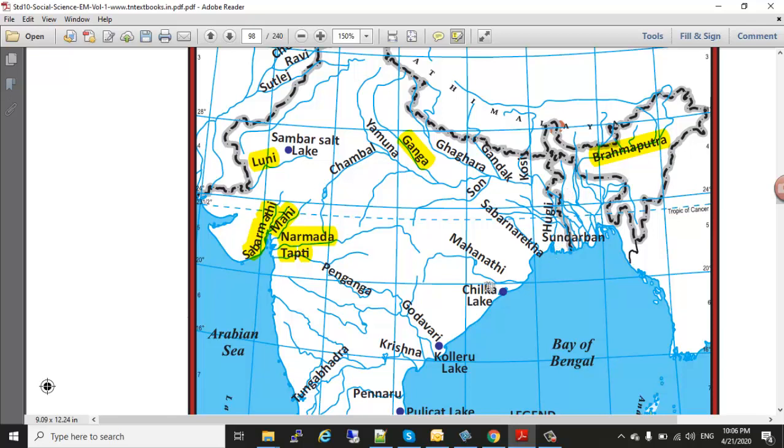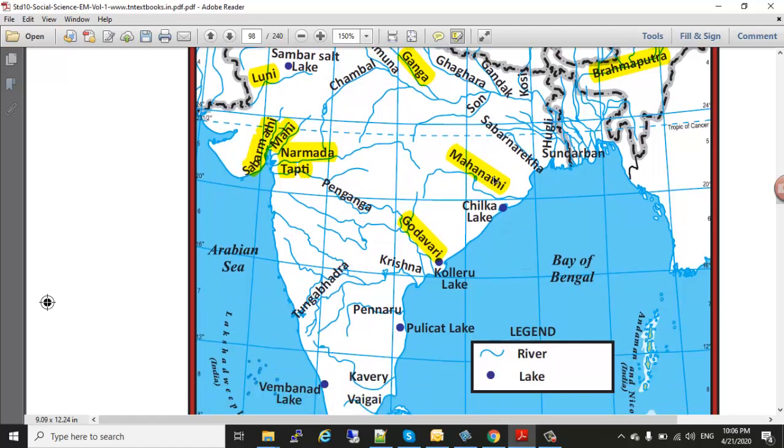Hooghly River is here, and you have the Mahanadi River, a wonderful river flowing here on this side. Godavari River. So as you look along, you can see in Orissa the Mahanadi River. Okay.